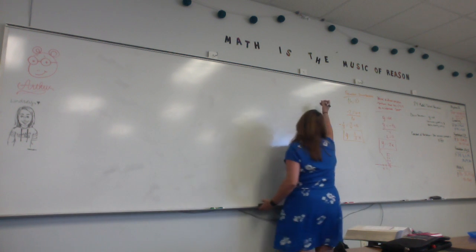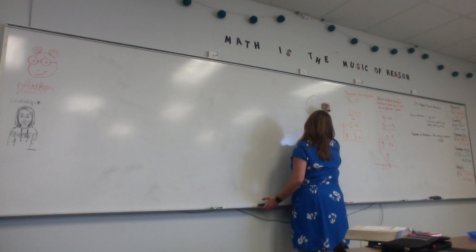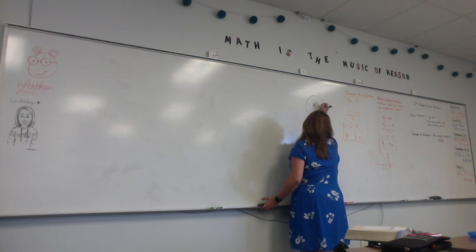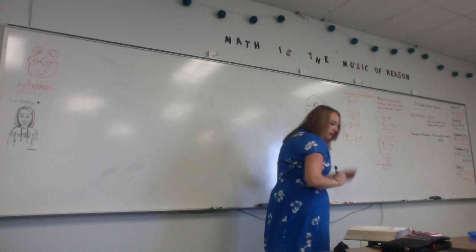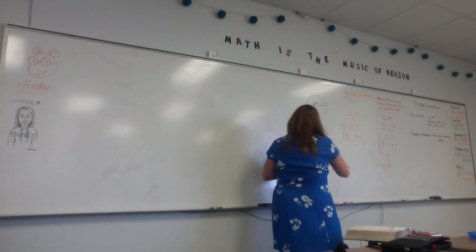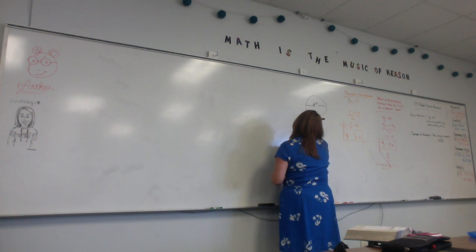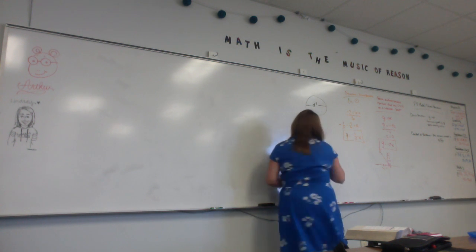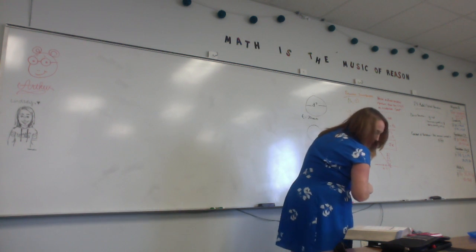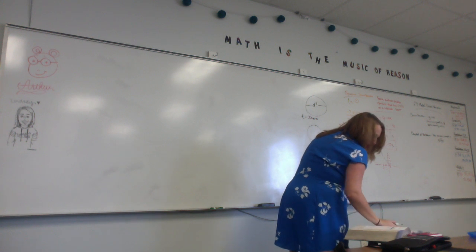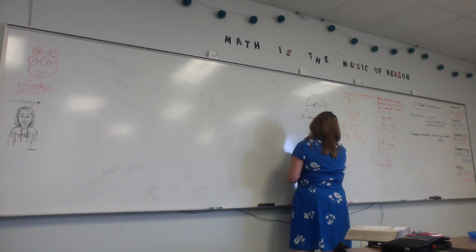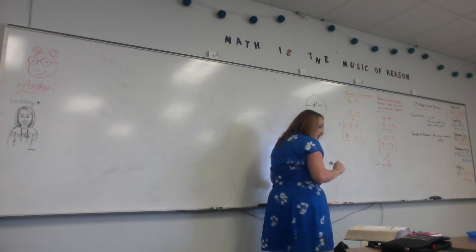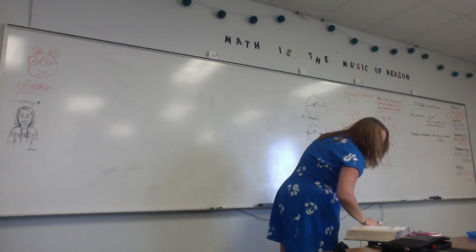One's large, and it says the diameter is question mark, and t equals 20 minutes. The other one is smaller, and the diameter is 0.75 inches, and t equals 12 minutes.